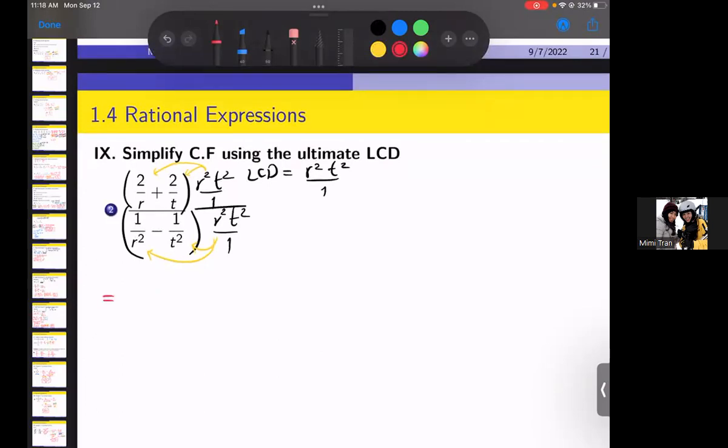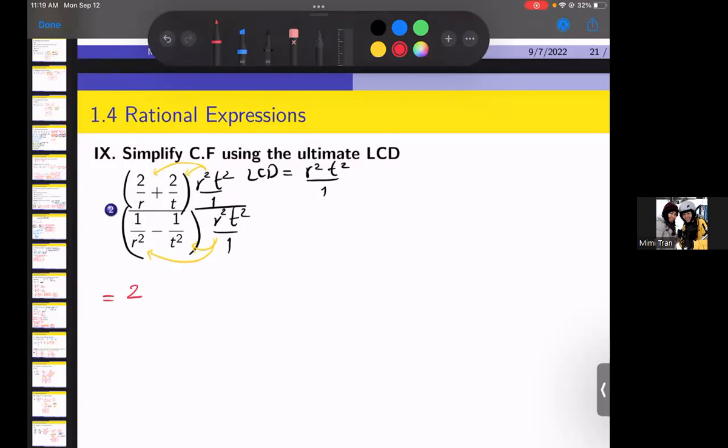Someone tell me what the first fraction will be. This times this. R squared plus t squared. To the answer, the what? If you doubt yourself, write it out. Well, that's a 2, right? There's nothing to do with the 2.